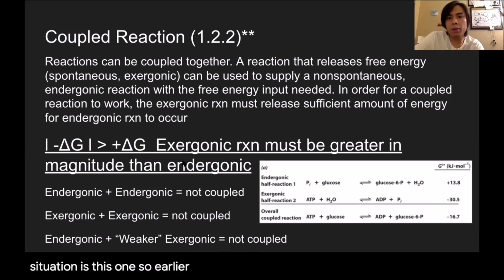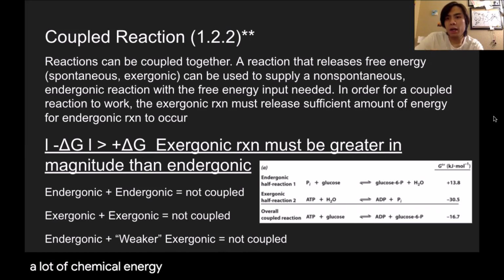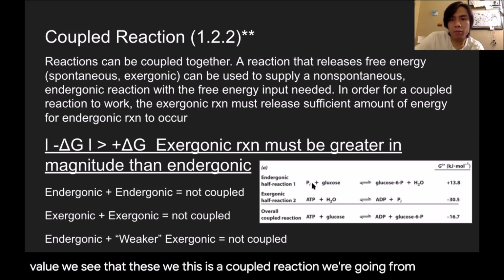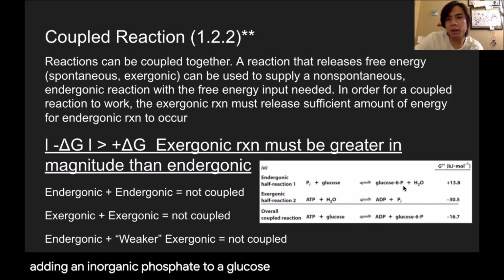So earlier we talked about ATP. We talked about how ATP has a lot of chemical energy, and that can be seen in its high negative delta G value. We see that this is a coupled reaction. We're adding an inorganic phosphate to a glucose to form G6P, and that is not spontaneous.